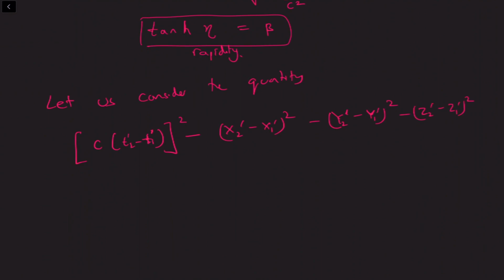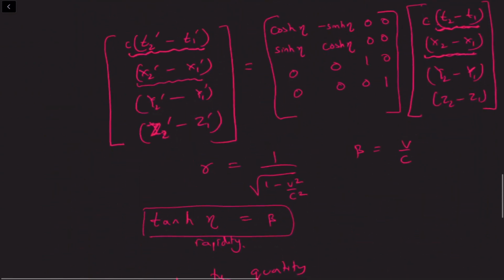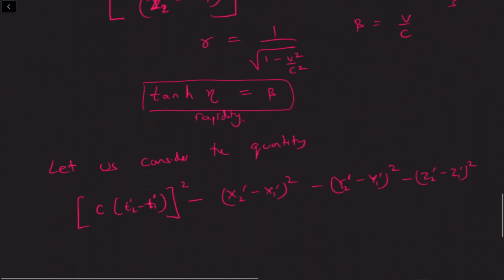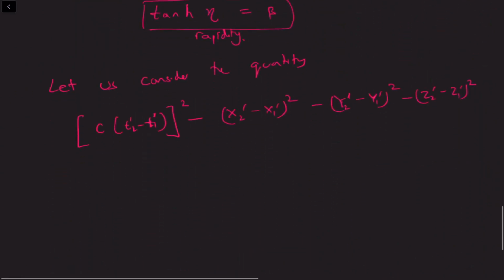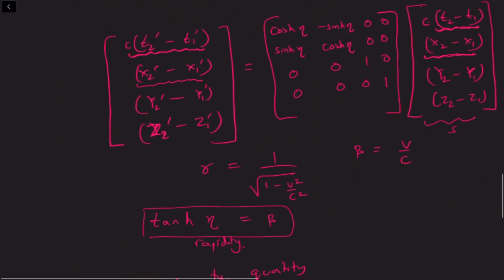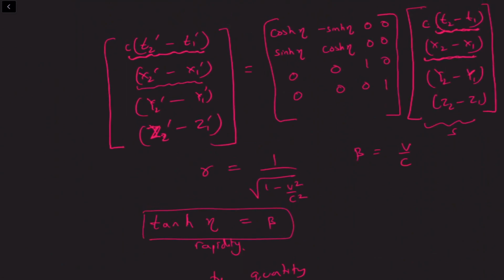And let's ask how observer S describes the same quantity. So we can just use our dictionary to rewrite t2 prime minus t1 prime and x2 prime minus x1 prime and y2 prime minus y1 prime and z2 prime minus z1 prime in terms of the quantities seen by observer S.